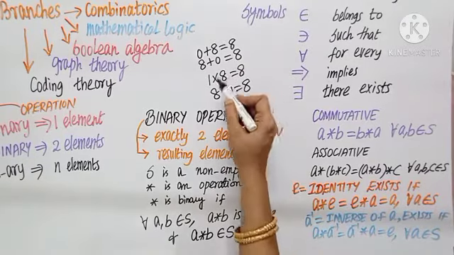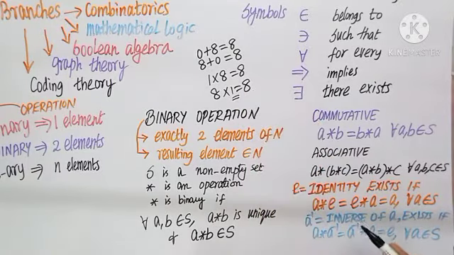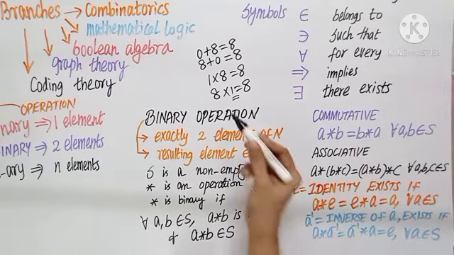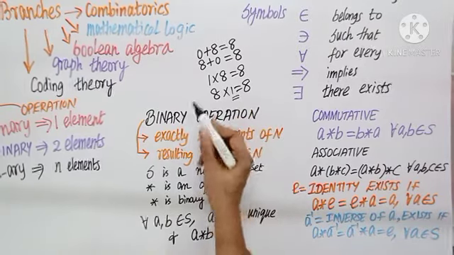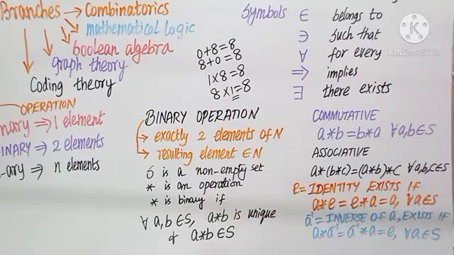So the number is not altered. It is the same. This is what we say here. A star E or E star A gives us only A. That E we call identity. So here 1 is the multiplicative identity and 0 is the additive identity.